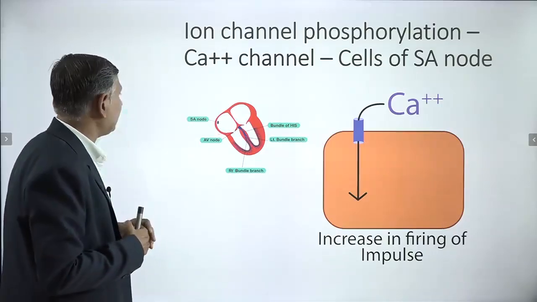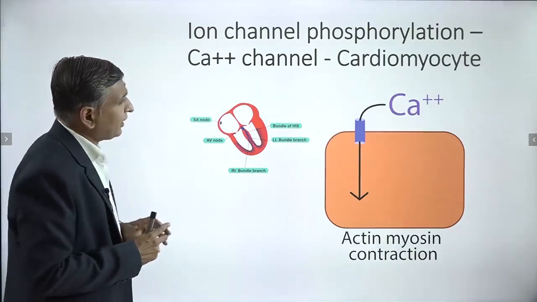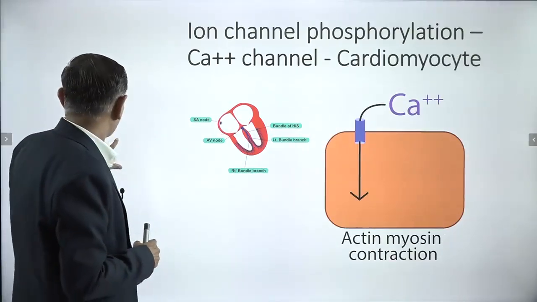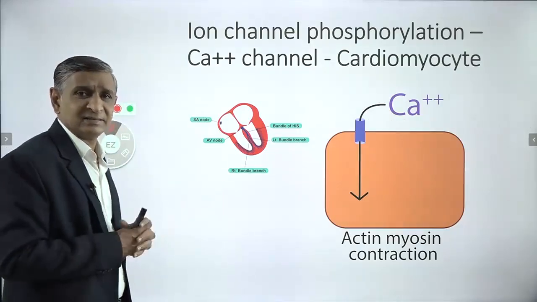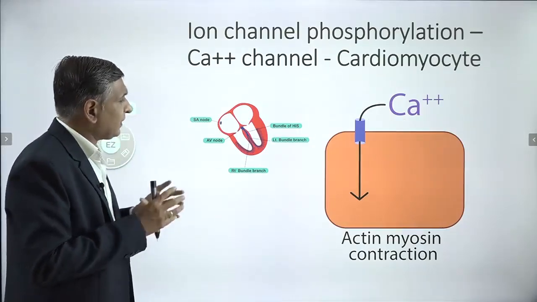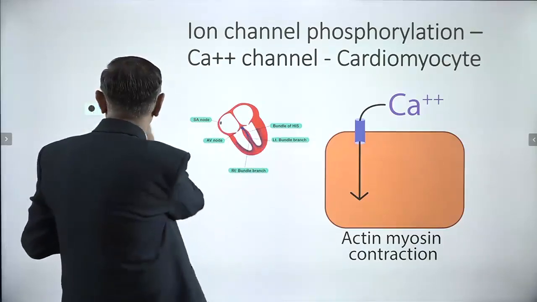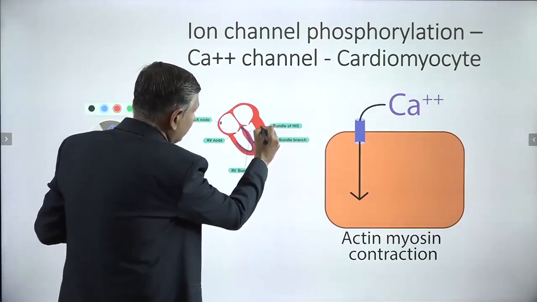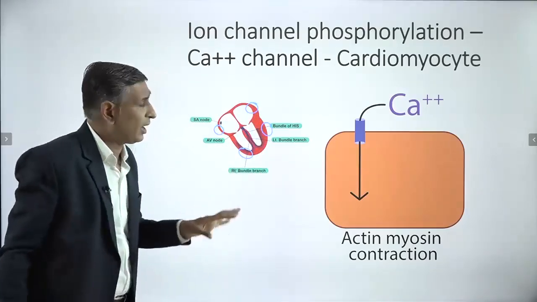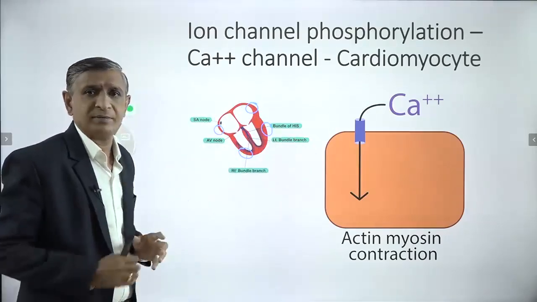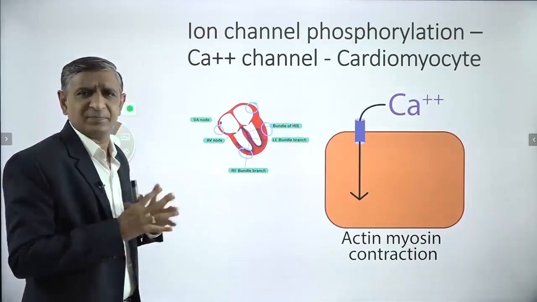The third example is again from cardiomyocytes. I am going to tell you about the cardiomyocytes or myocardial cells. All of you know the myocardial cells of the ventricles, of the atria. I am taking one cell out of it. My point is very simple.